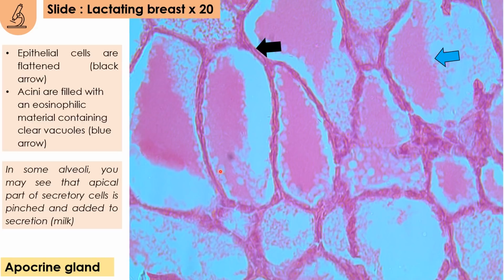In this case you can't really see it, but you can see part of the secretion already here. This secretion is actually composed of the apical cytoplasm. So this one you can find in the lactating breast, the apocrine gland.